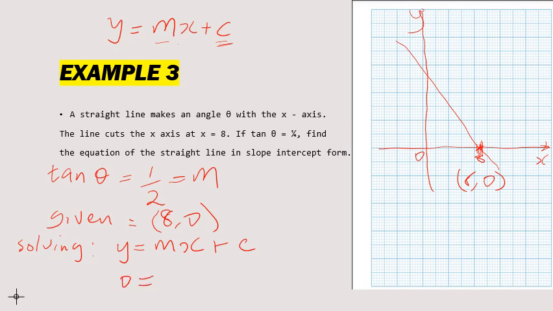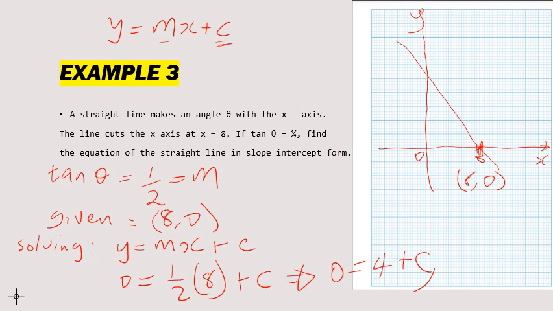It's equal to m, and m is 1/2. What is our x? Our x is 8, plus c. So this will be 0 equals 1 times 8, that's 8, divided by 2, that's 4, plus c.